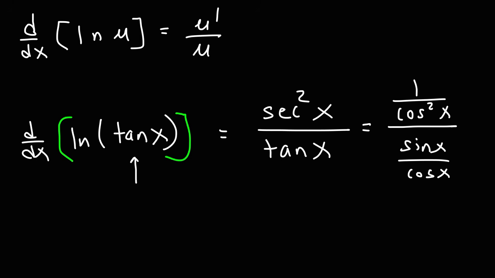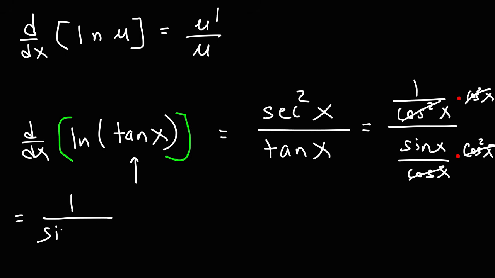So what we could do is multiply the top and the bottom by, I'm going to multiply by cosine squared. These two will cancel, and I'm going to get 1 on top. One of the cosines will cancel, leaving one cosine here.